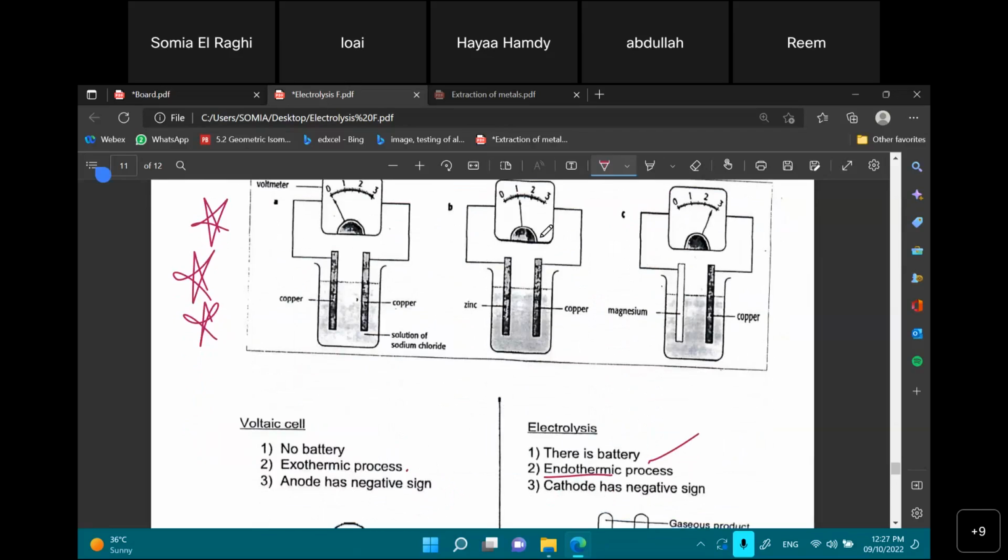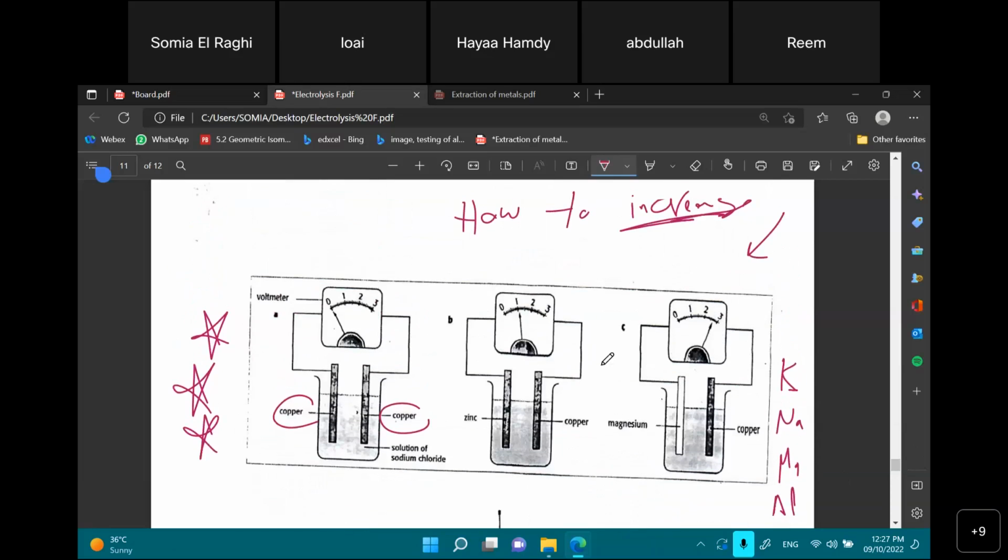Briefly, you check the reactivity series: potassium, sodium, magnesium, aluminum, and so on until copper and silver. If you make two electrodes of the same kind of metal, for example copper and copper, what do you notice about the value? 0 volts, if there is no difference in reactivity.